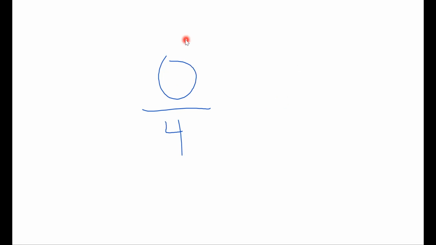What's the answer? 0, exactly. So I can have 0 on top and a non-zero number on bottom, any number I want on bottom that's not also 0. I can do that, and the answer just happens to be 0. It's kind of intuitive.